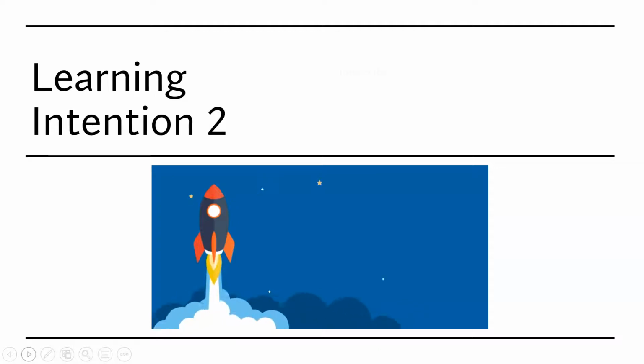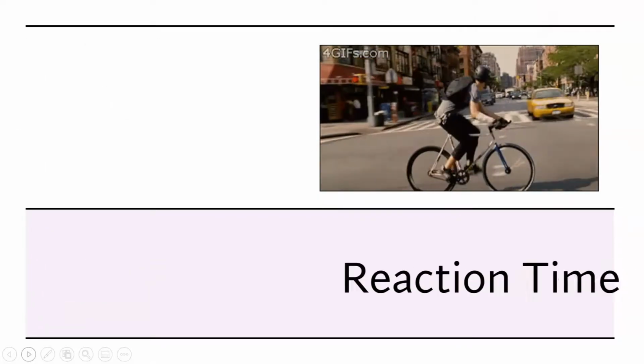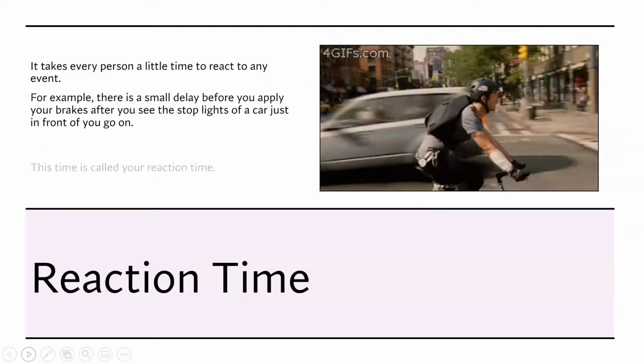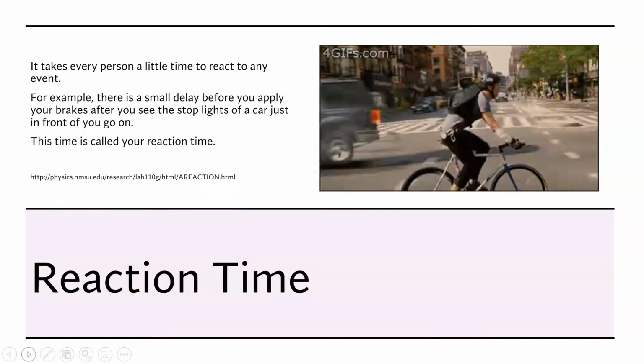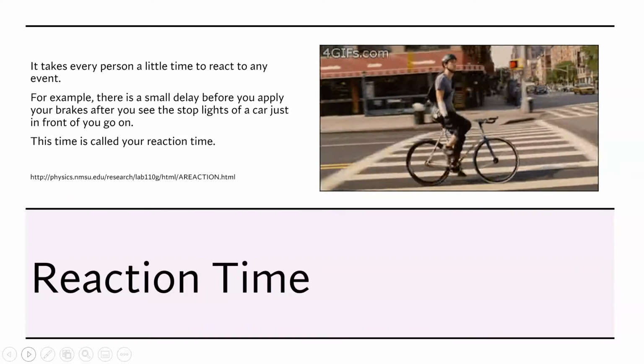Okay, learning intention number 2 was to describe and explain the terms reaction time and reaction distance of a driver and the factors that could affect them. So when we think about this term reaction time, every person takes a little time to react before events, and each one of us has very different reaction times.